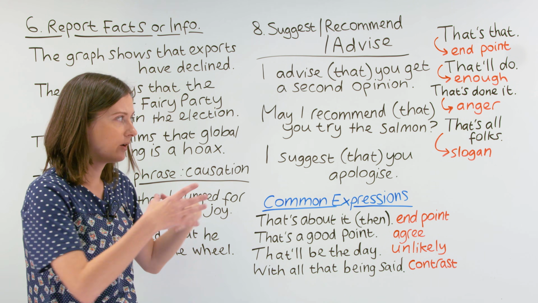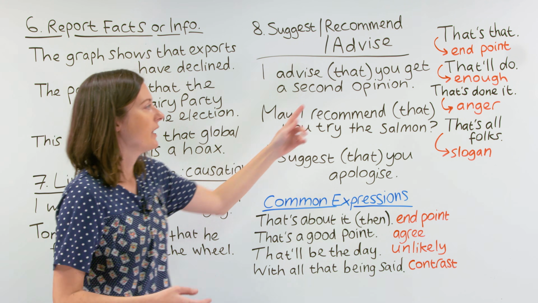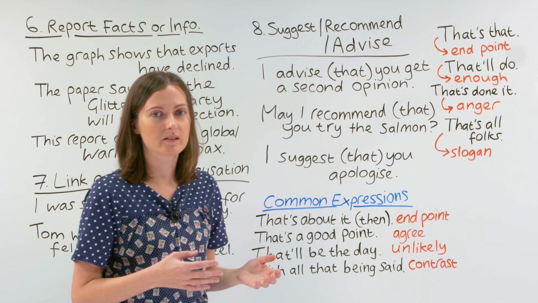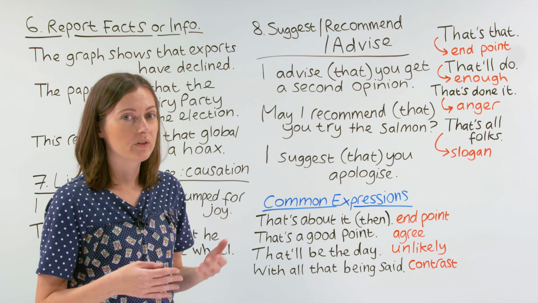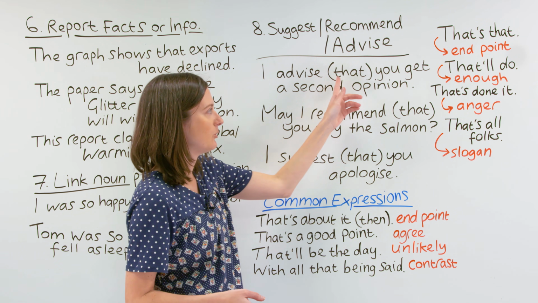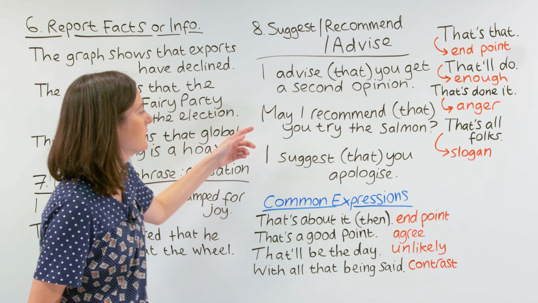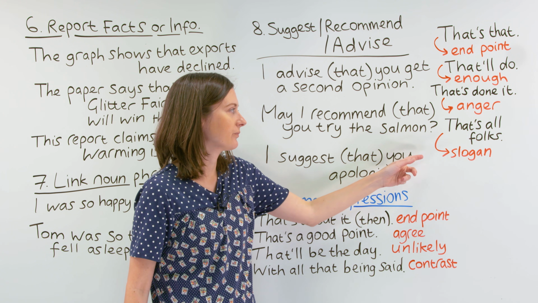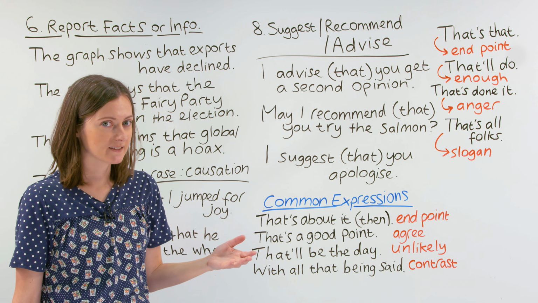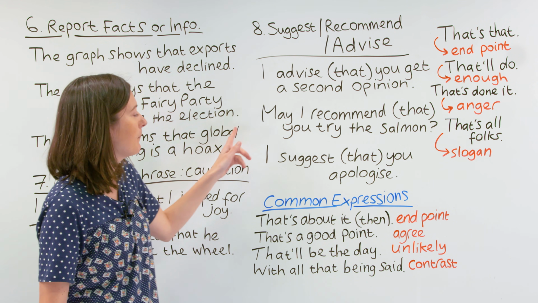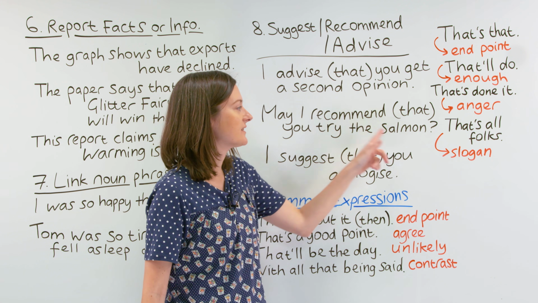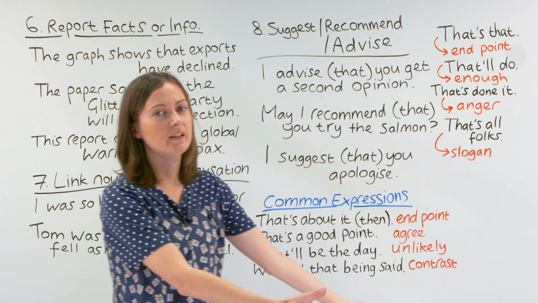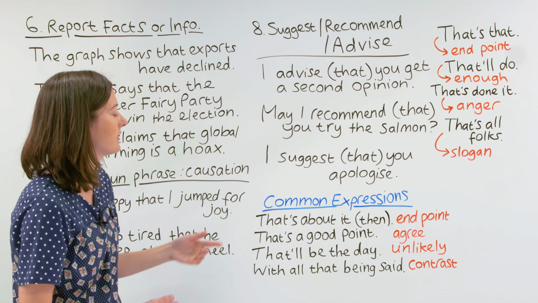Similar to a previous example, in writing, that is considered more formal, but often in speech, people don't say it. May I recommend that you try the salmon? Also, we can say it without that. May I recommend you try the salmon? This is your waiter speaking to you in the nice restaurant.